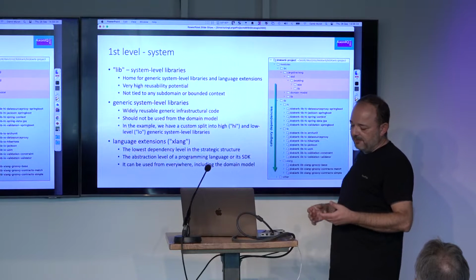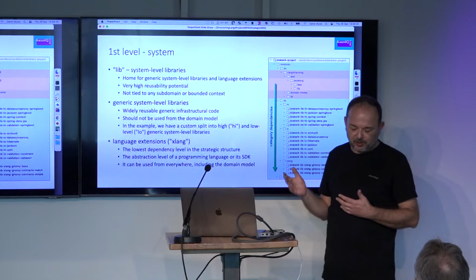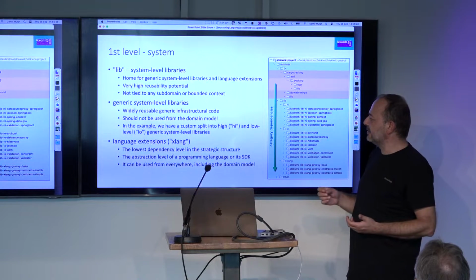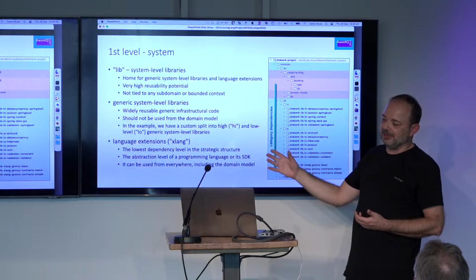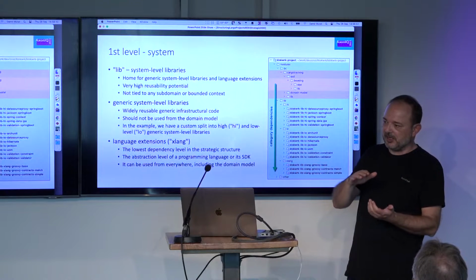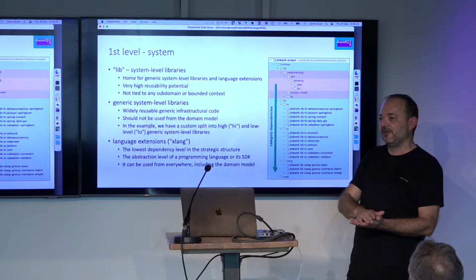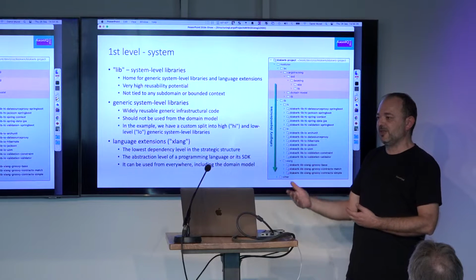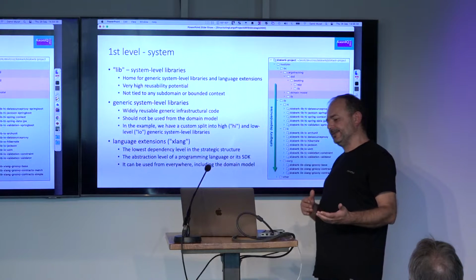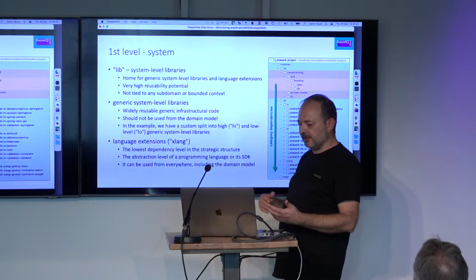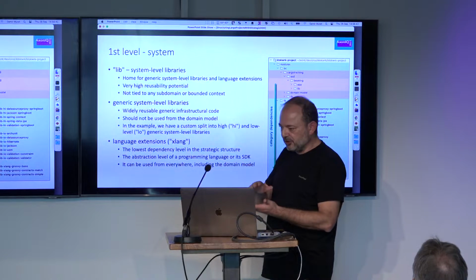Generic system level libraries deal with things like configuring and extending widely used third-party libraries that are relatively focused and at a relatively low level of abstraction, at least compared to your business logic. Things like Hibernate, Jackson, and similar, but at the generic level.